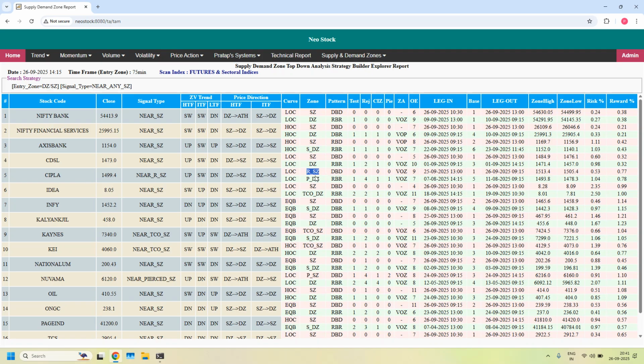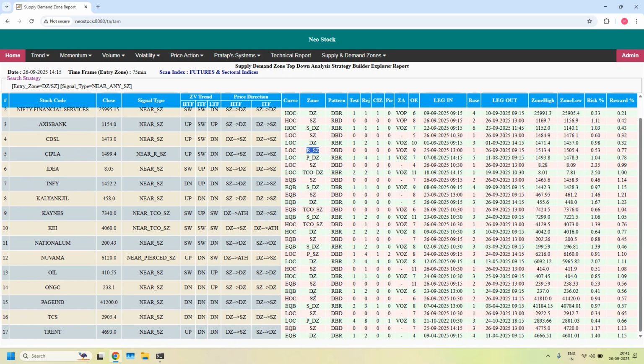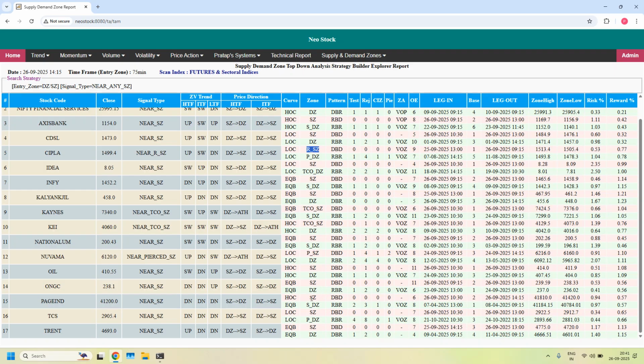Supply is having a 75 minutes high liquidity supply zone. That's it. We got only one 75 minutes high liquidity supply zone from this list.